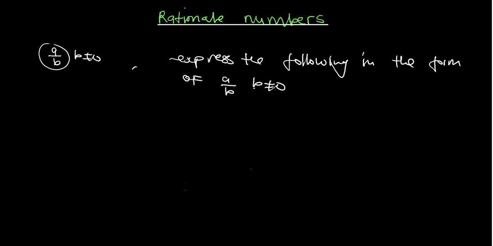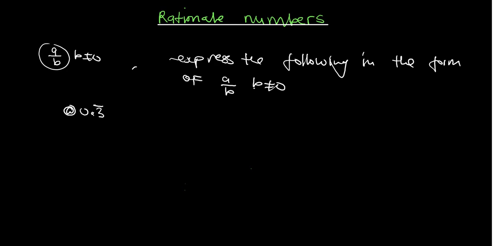For example, question 1, let's say 0.3 bar. Meaning this was repeating like that. They were just 3's to infinity. If we have a number like this, we need to reverse it in the form of a over b. So what are we going to do? There is a way of doing it. Of course, we can say this is 1 decimal place, so that is 10. You can say that, but we are not allowed in this case. So there is a way we solve them.